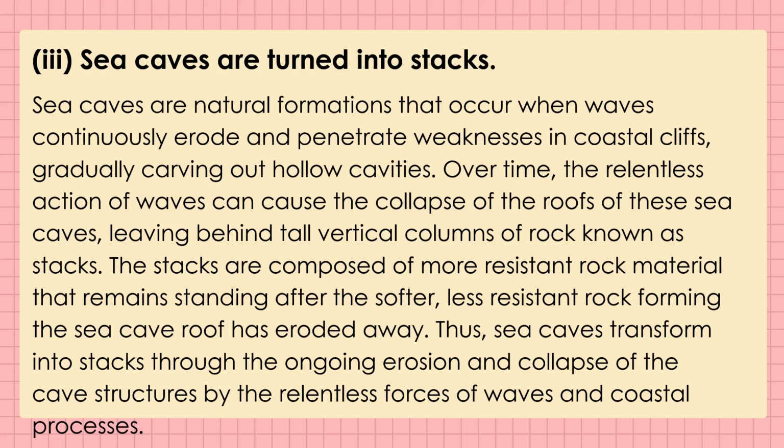The stacks are composed of more resistant rock material that remains standing after the softer, less resistant rock forming the sea cave roof has eroded away. The sea caves transform into stacks through the ongoing erosion and collapse of the cave structures by the relentless forces of waves and coastal processes.